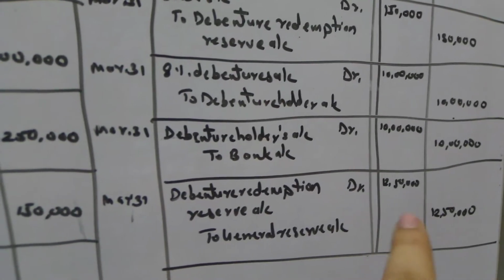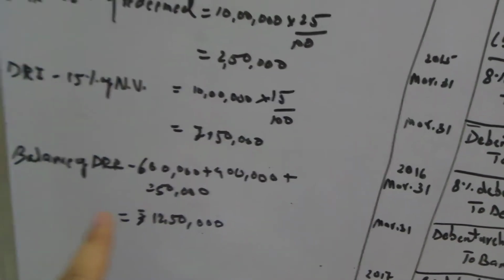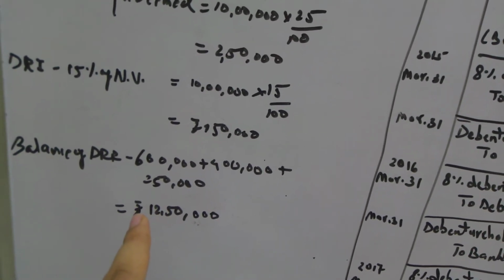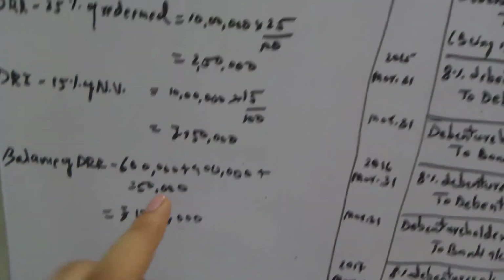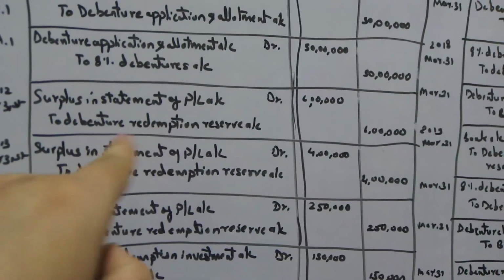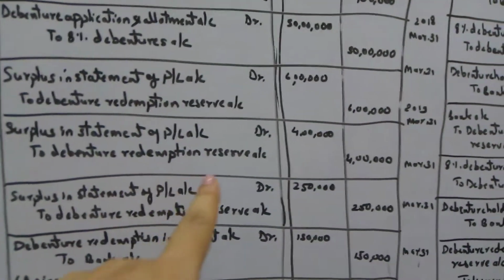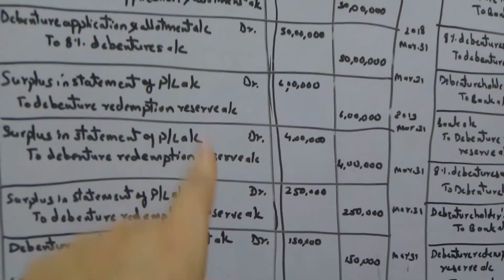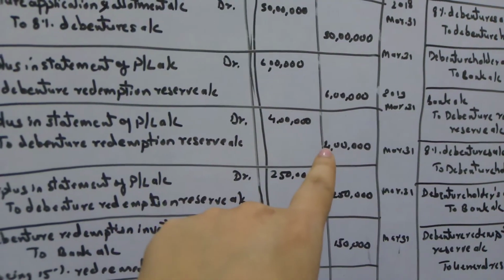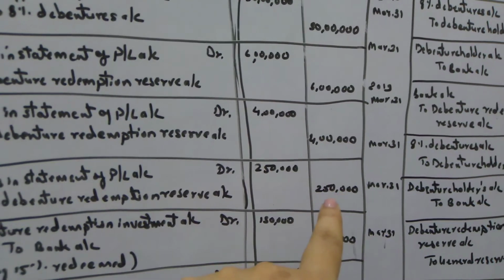Now 12,50,000, how this amount we have calculated? So here I have done the balance of 6 lakh plus 4 lakh plus 2,50,000. Now if you see the entries here, wherever you see this amount DRR 6 lakh plus DRR 4 lakh, both credit side, and again it is credited 2,50,000. 6 lakhs plus 4 lakhs 10 lakh, 10 lakhs plus 2,50,000 gives you 12,50,000.